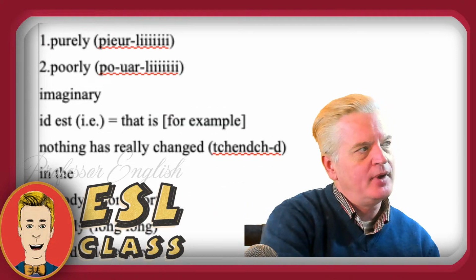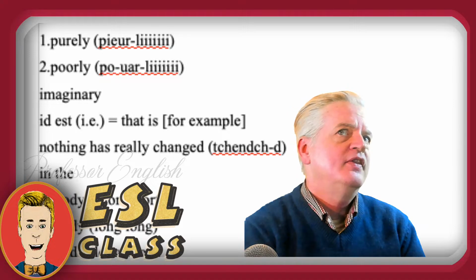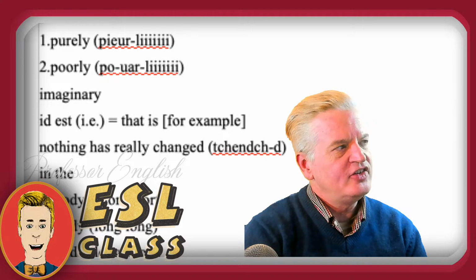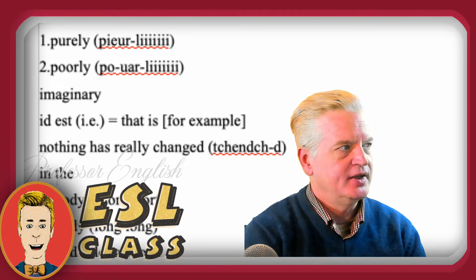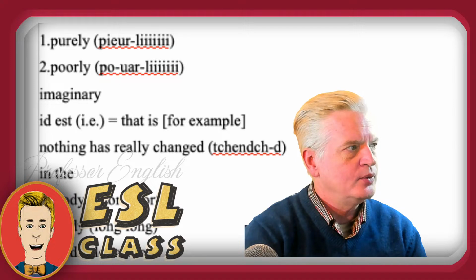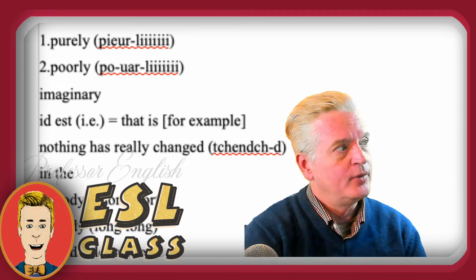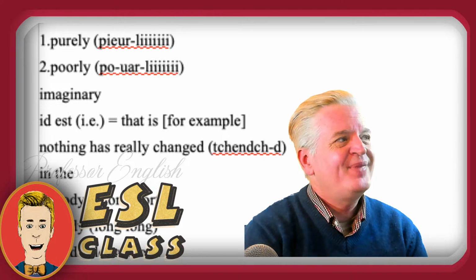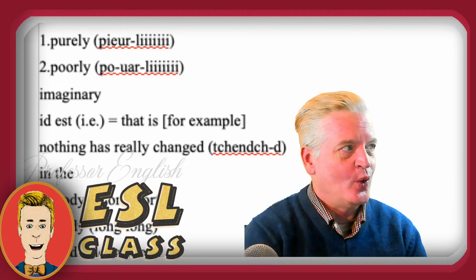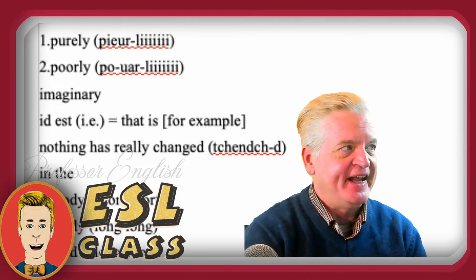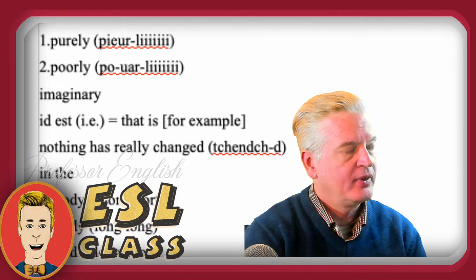And then we had a pronunciation issue come up. The word that we wanted to say was number one. But when she was talking, it sounded like she was saying number two. But actually, those two words are very different. Let's look at number one. Purely. Pew, pure. Let's compare that to number two.